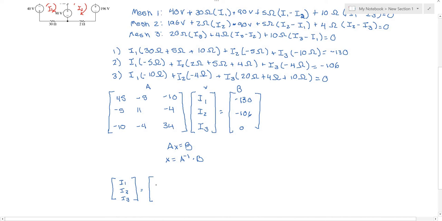So I have the numerical value right here, so it's going to be -5, -13, and -3, right? So all these numbers go respective with that current. So I1 is equal to -5 amps, I2 is equal to -13 amps, and I3 is equal to -3 amps, right?